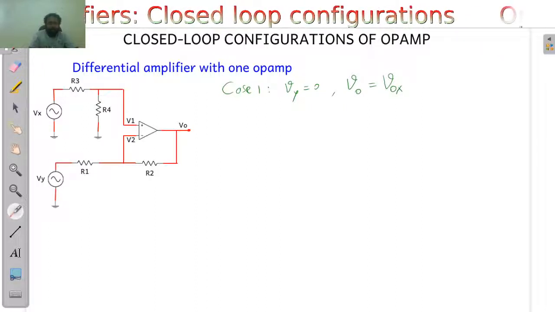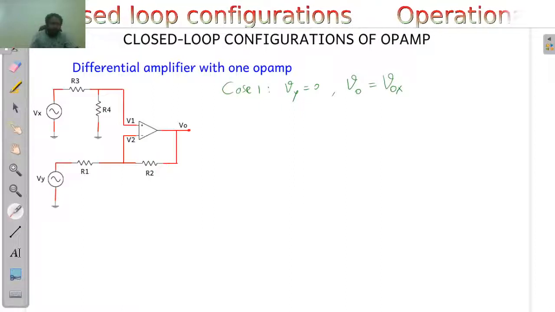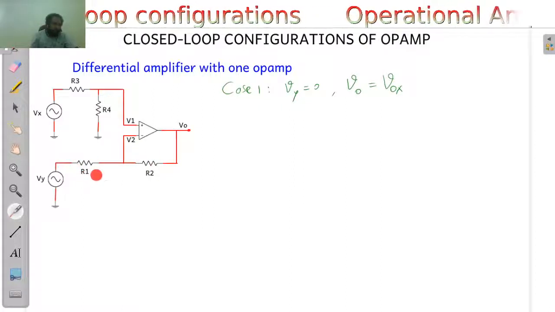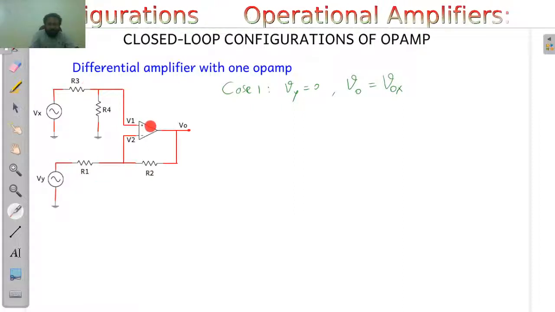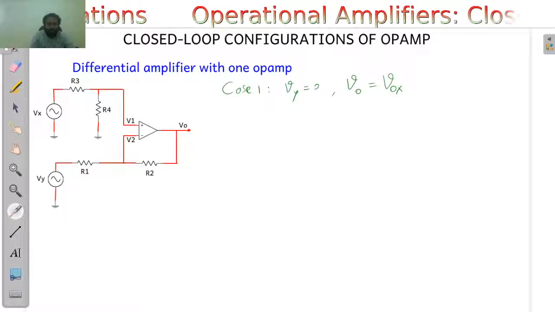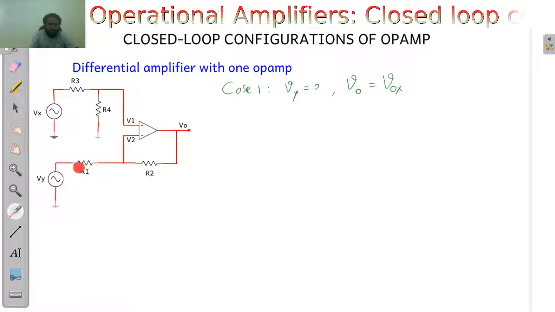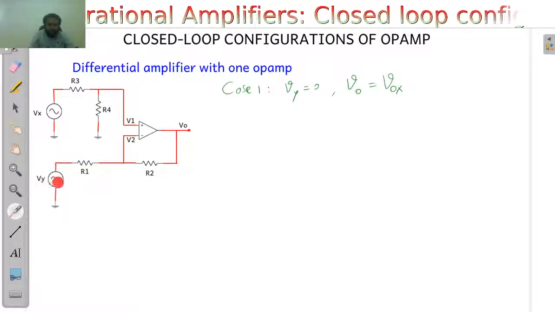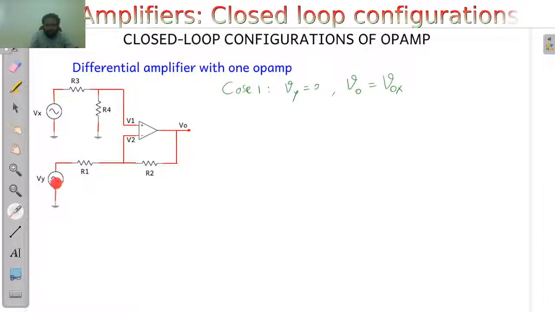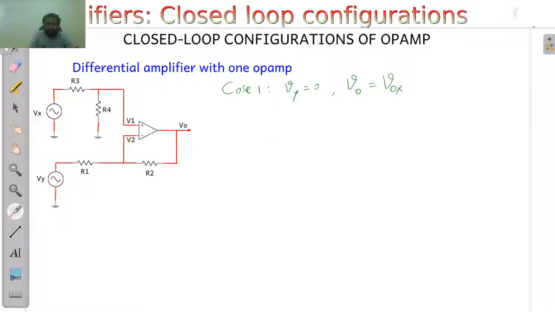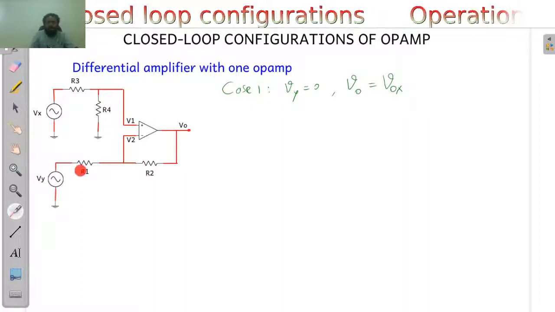Here you can see that the voltage gain is defined by the non-inverting amplifier case. That is because we are giving Vx through the non-inverting terminal, and the non-inverting amplifier has a voltage gain equal to 1 plus this resistance divided by this resistance. You should remember that there is no voltage source now because Vy is 0 and this is connected to ground. So the voltage gain is given by 1 plus R2 by R1.